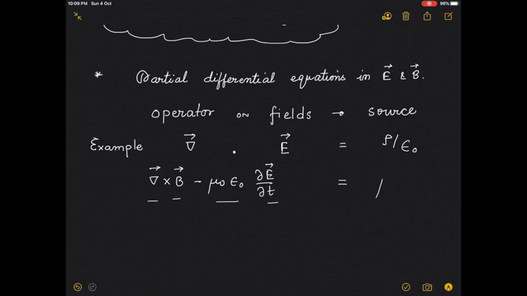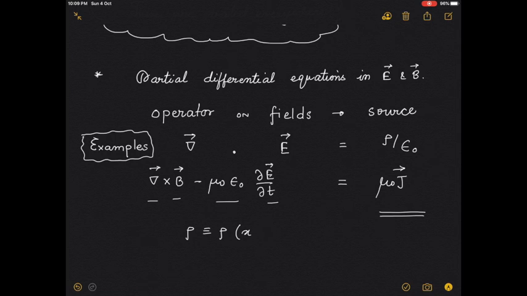On the right hand side you have mu 0 J. Right? So this has this form. So I have sources which are external quantities. So rho and J both depend on, again, all x and t. And they have to be given to you to solve these equations.